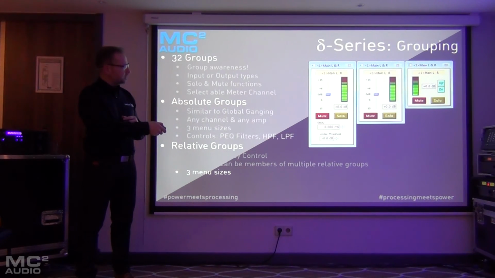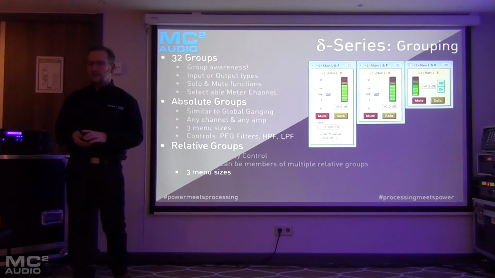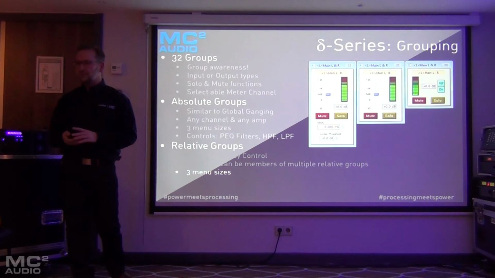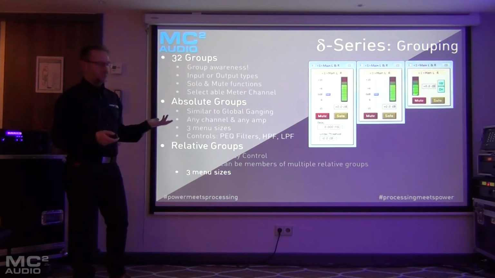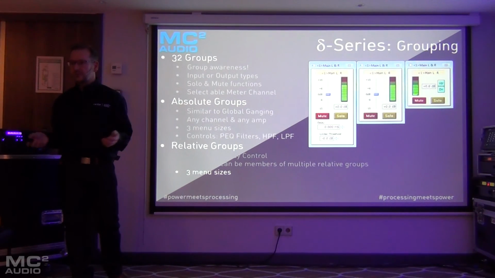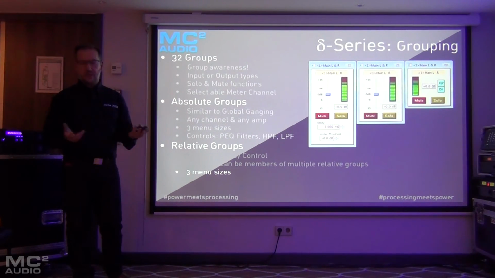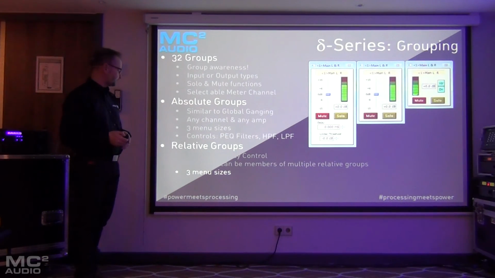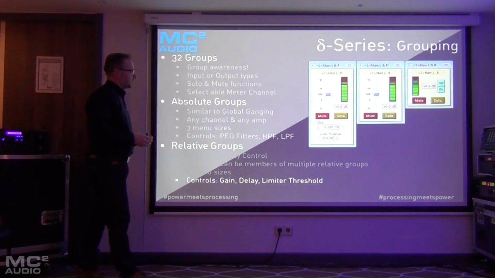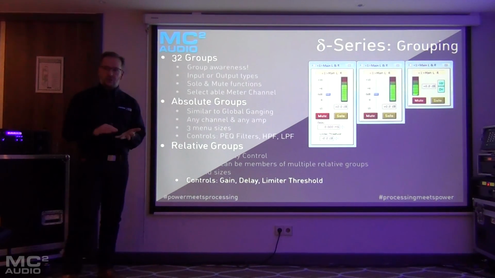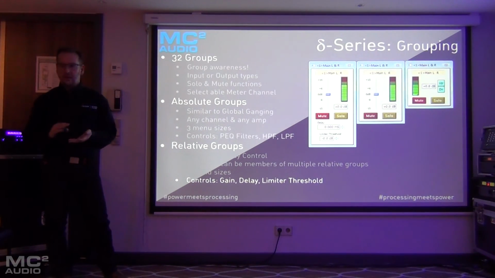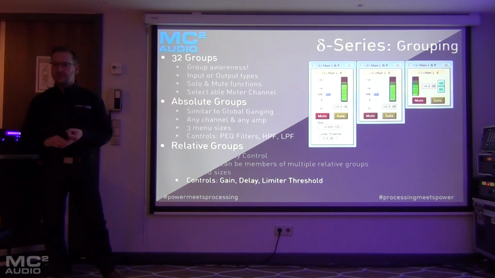In the medium size, you get a fader slider and then a gain readout, and then in the large one you get delay and the limiter thresholds available as well. And you can switch between these whenever you want, there's no kind of limitation, but it depends how many you want to have visibility of at any one time. So a relative group allows you to control gain, delay, and if it's an output group, limiter thresholds.